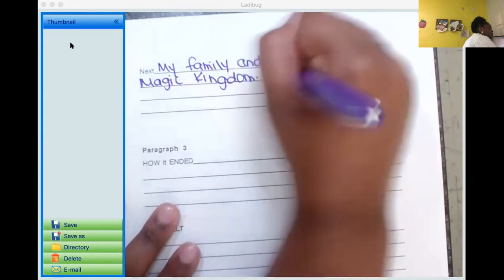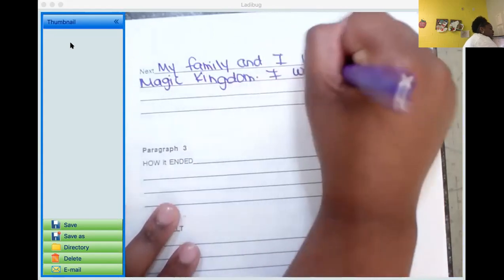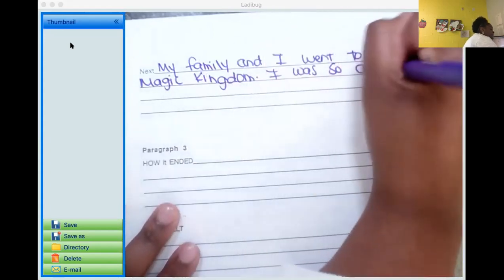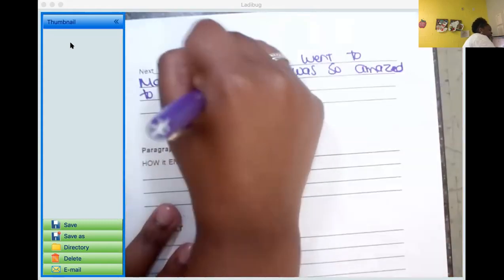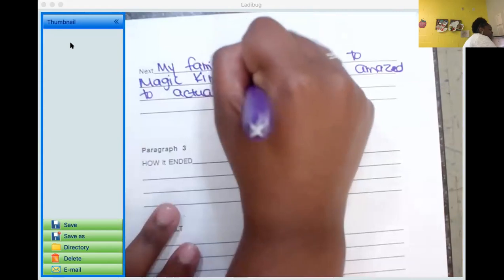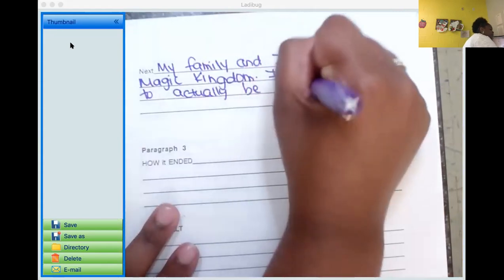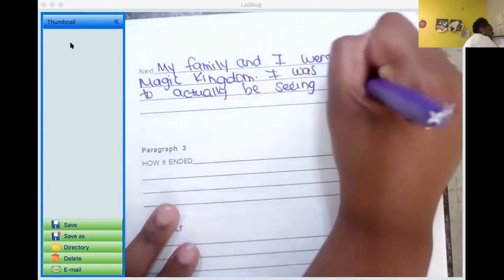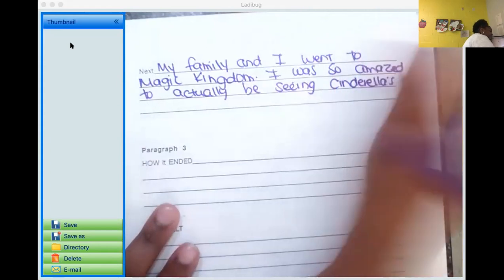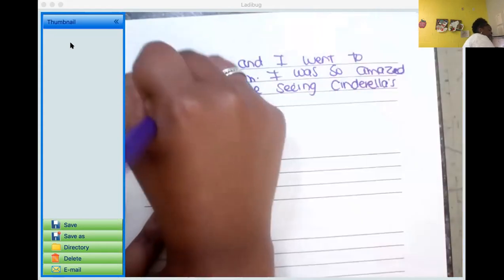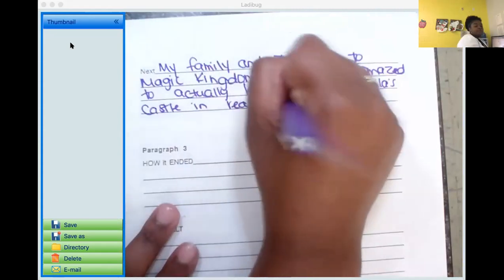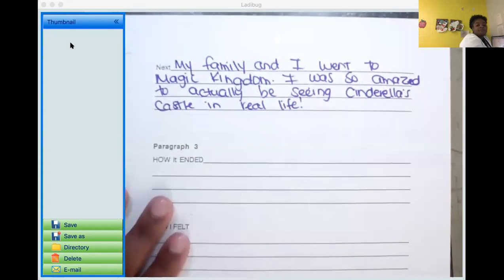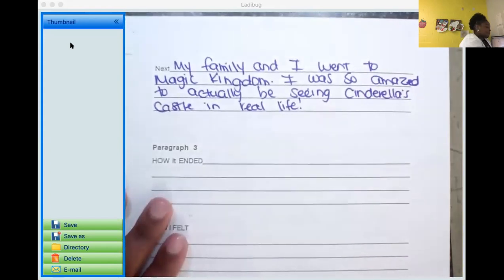I was so amazed to actually be seeing Cinderella's castle in real life.